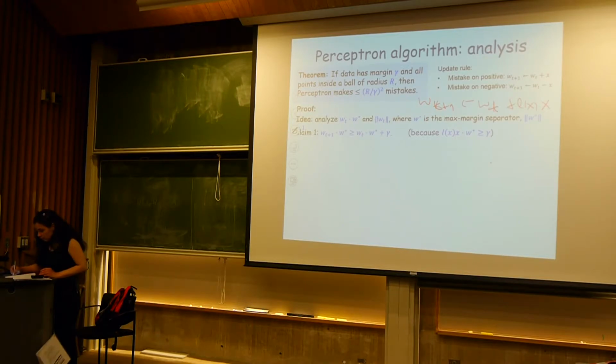Right, what I'm saying is that another way to rewrite the update rule is that when I make a mistake, I update the vector as follows: WT plus 1 will be WT plus the label of X times X. And so now if I go ahead and compute WT plus 1 dot X, that's exactly WT dot X plus the... What do I do here?